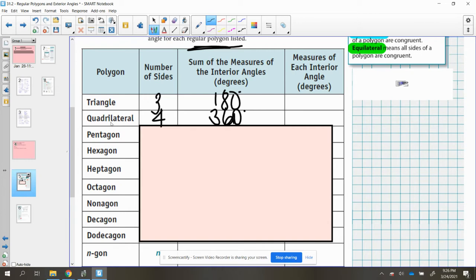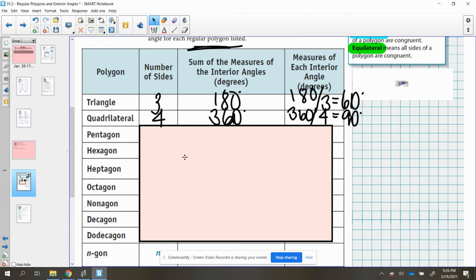If we took those total degrees and divided them by the number of angles, in this case 3 for the triangle, each one would have to be 60 degrees. Or in a quadrilateral, a four-sided figure, if we divided them by 4, each one would be a 90-degree angle, right? Think of a square.